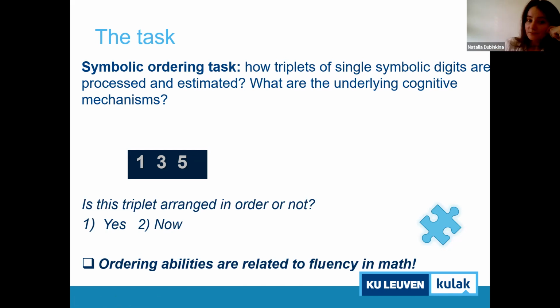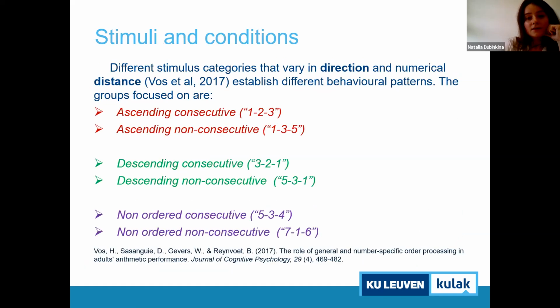But the underlying mechanisms of symbolic ordering processing are not really well understood, and it's still not clear which core competence it actually measures. This task can have different parameters, and the presented triplets can have different features and can be grouped differently.